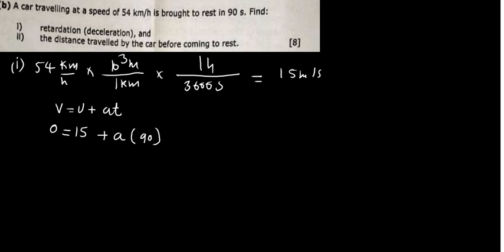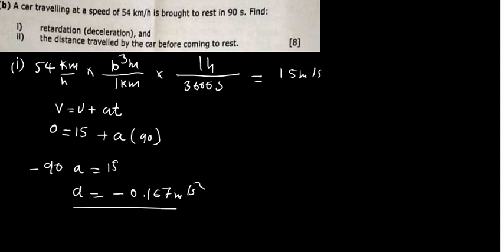We'll take the 90a to the other side, it will become negative 90a, and that will be equal to 15. So to find a is going to be 15 divided by negative 90. That will be negative 0.167 meters per second squared. The reason why it's negative is because it is deceleration. It is retarded.